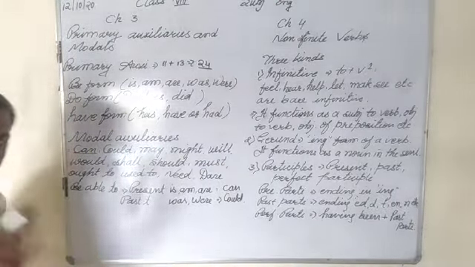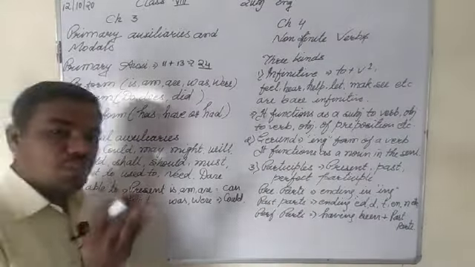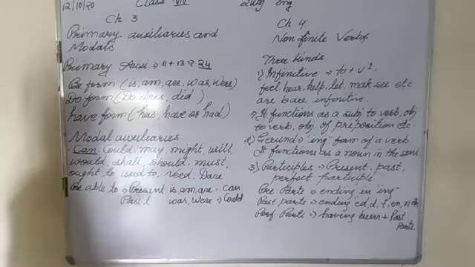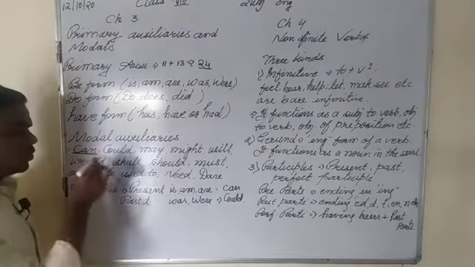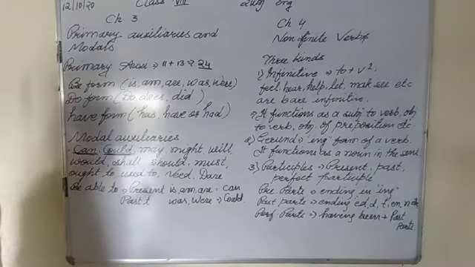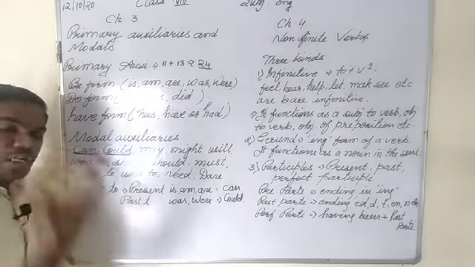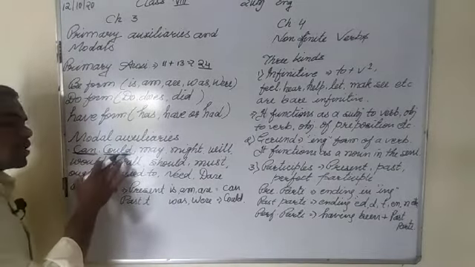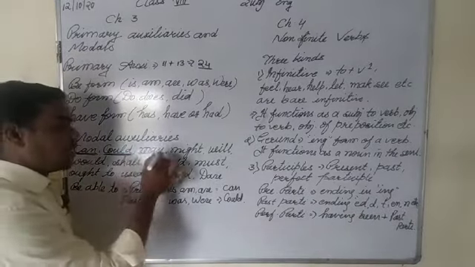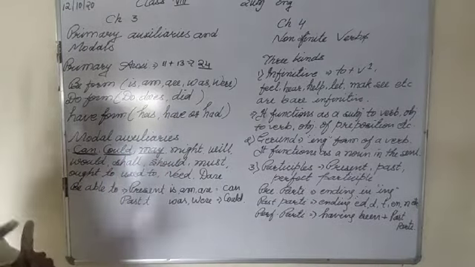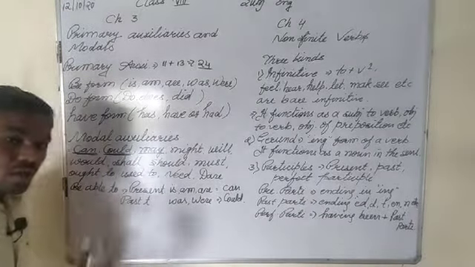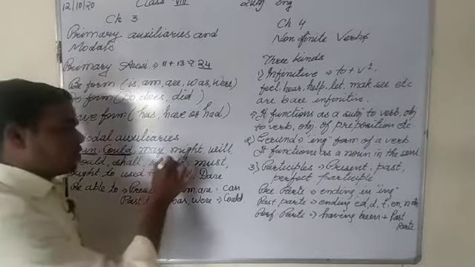Can is used to show ability, capacity, power, permission, cleverness and how to do. In the present tense, if we talk about the same situation in the past, then we will use could: past ability, past capacity, past power, past permission, past cleverness, etc. May is used to show possibility, wish, curse, bless and to take permission with request.